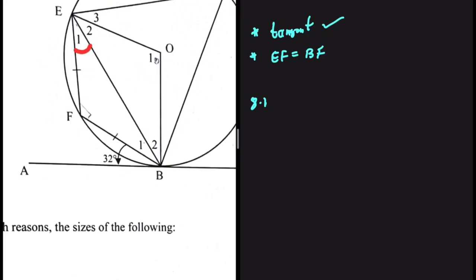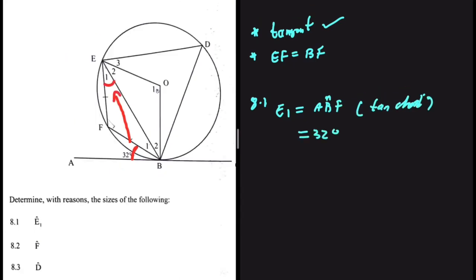And between ABC and line FB, that chord, there's an angle of 32 degrees. That angle should be equal to the angle subtended by that chord at the circumference of the circle. So now we can say that E1 is equal to angle ABF. Why are we saying that? This is the tan chord theorem.